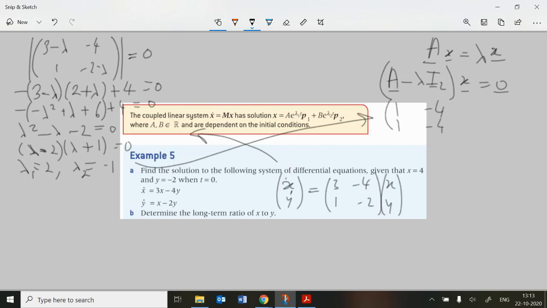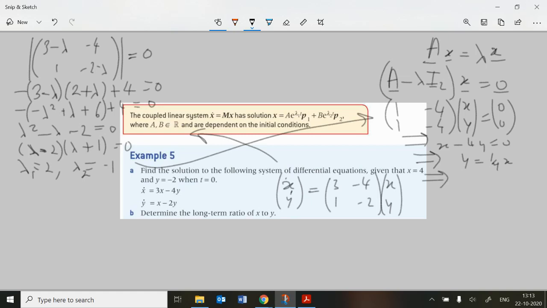We're applying that to x, y to give us 0, 0. That gives us out the equation x minus 4y equals 0 twice, which gives us the equation y equals a quarter x.